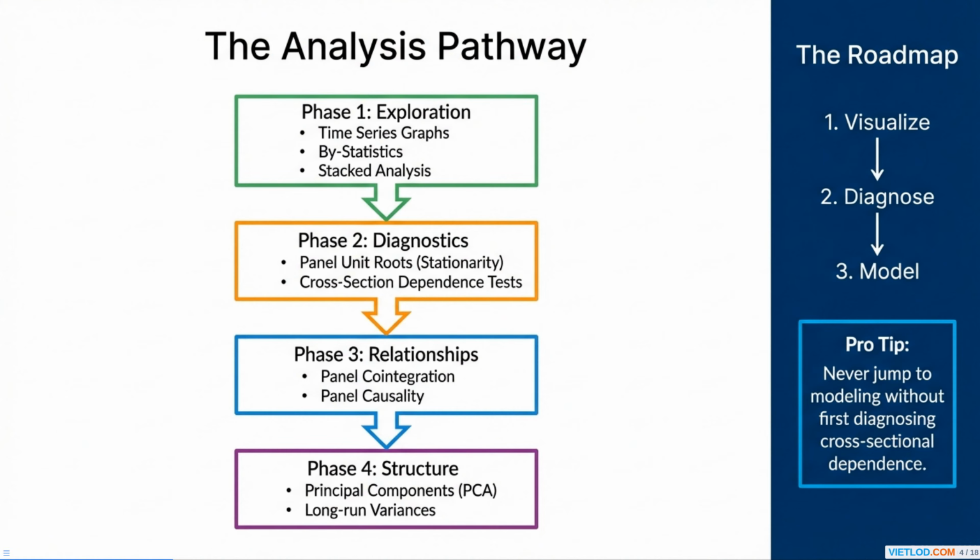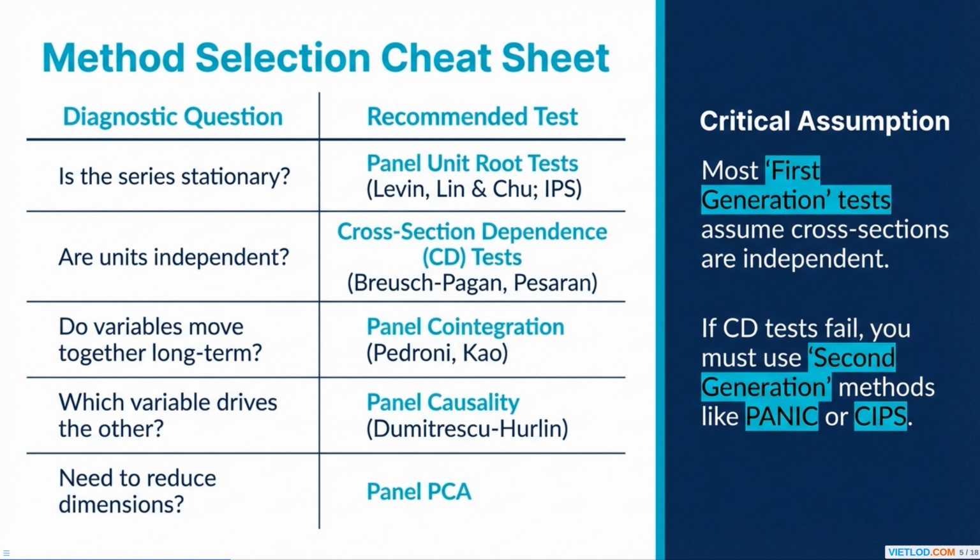The roadmap on the right simplifies this into three main steps. 1. Visualize. 2. Diagnose. And 3. Model. A critical pro tip is highlighted. Never jump to modeling without first diagnosing cross-sectional dependence, as ignoring it can lead to biased and unreliable results.